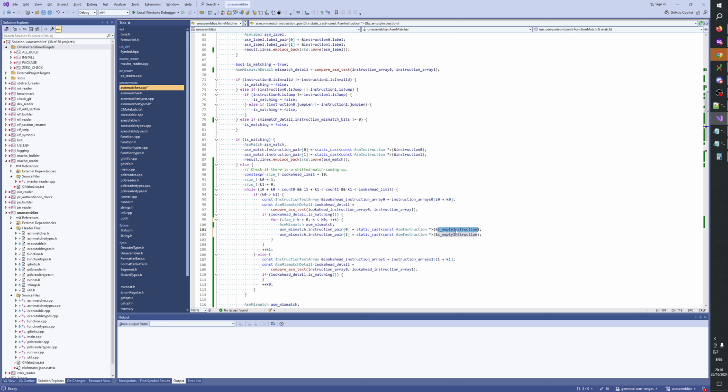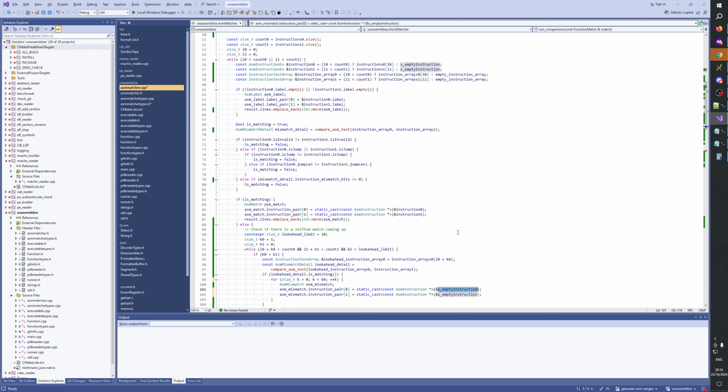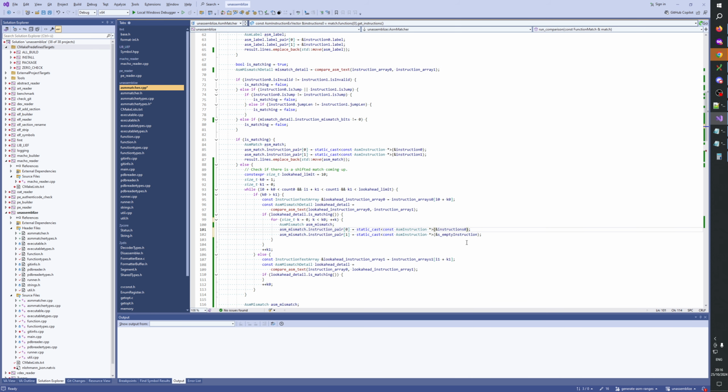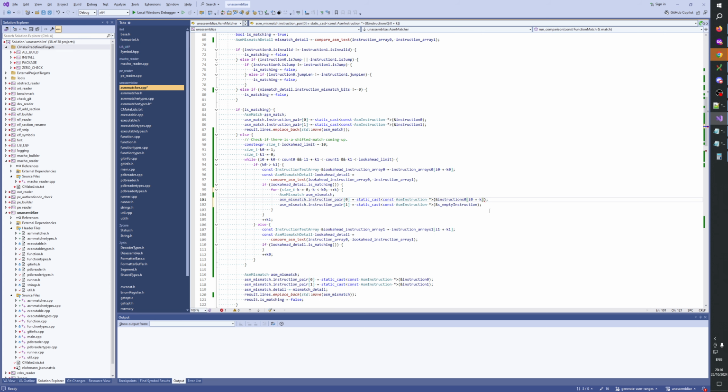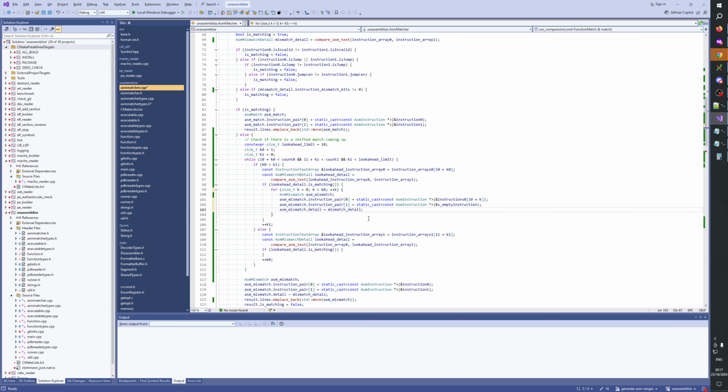And here is instructions 0, I0 plus k, right? And then mismatch, look ahead detail.